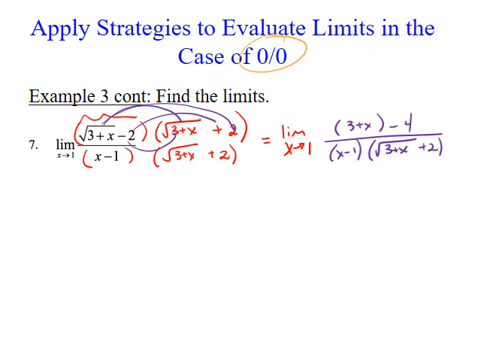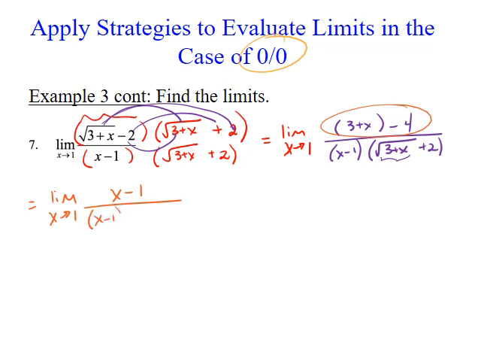When you are writing it, make sure that the square root is only over the 3 plus x. Okay, moving on, I'm going to continue to simplify that numerator there. And that ends up becoming x minus 1.